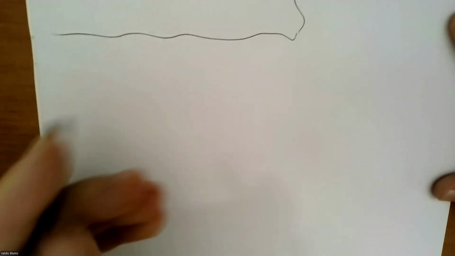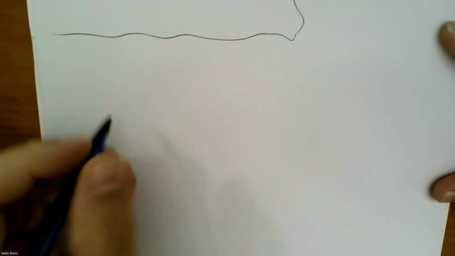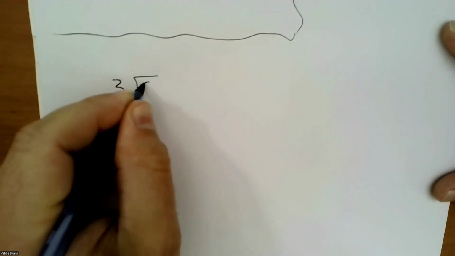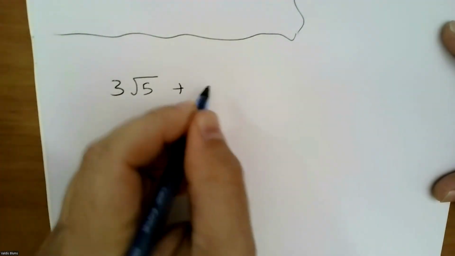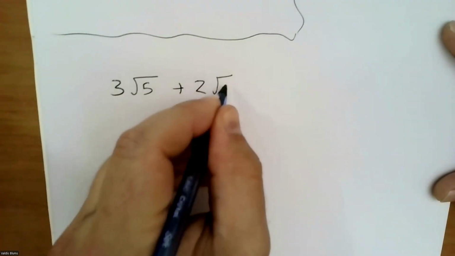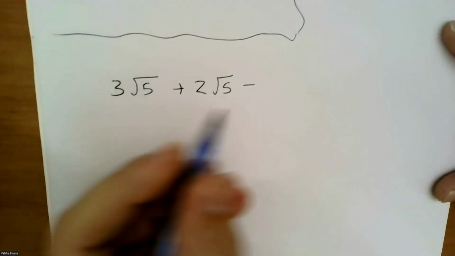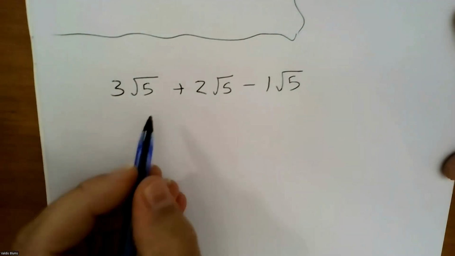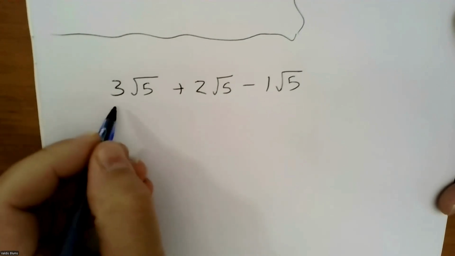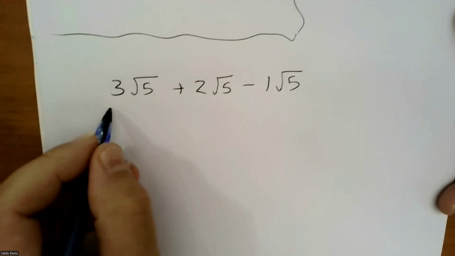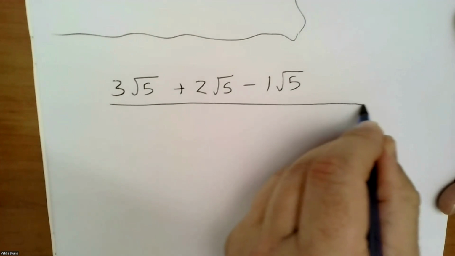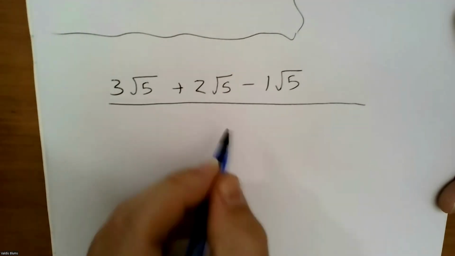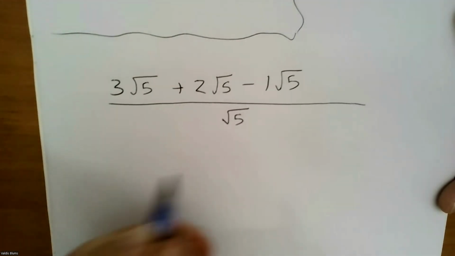So if I have addition and subtraction of surds, let's say I've got 3 square root 5 plus 2 square root 5 minus 1 square root 5, and let's say all of that is divided by square root 5.